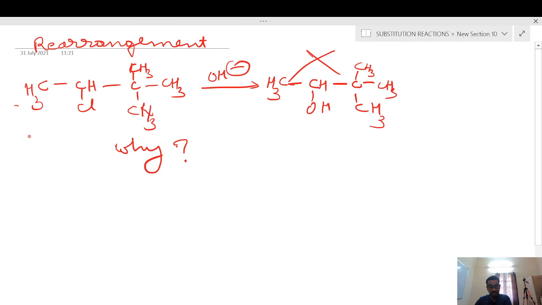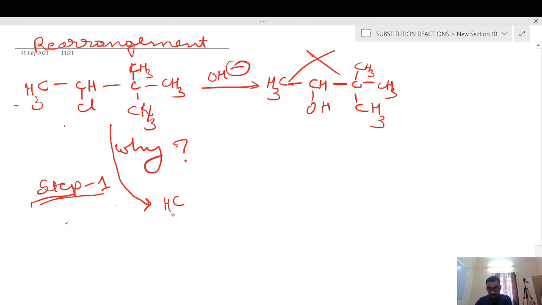See, what is step 1 in SN1 reaction? Step 1, formation of carbocation. Formation of carbocation means what happens? This molecule reacts initially and gives the first carbocation.